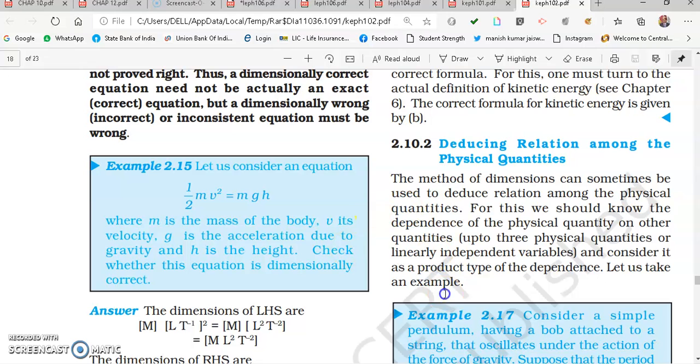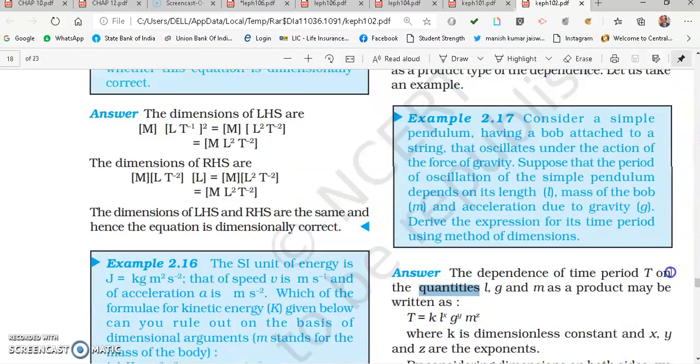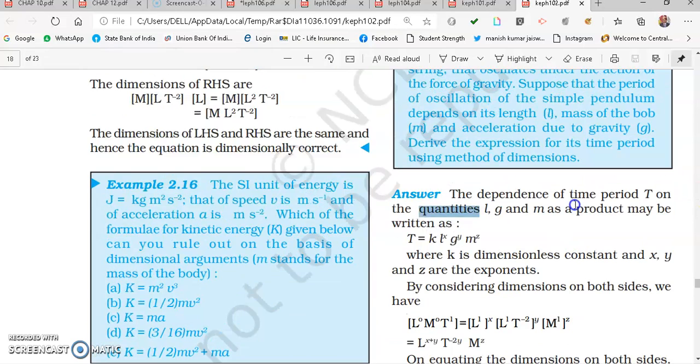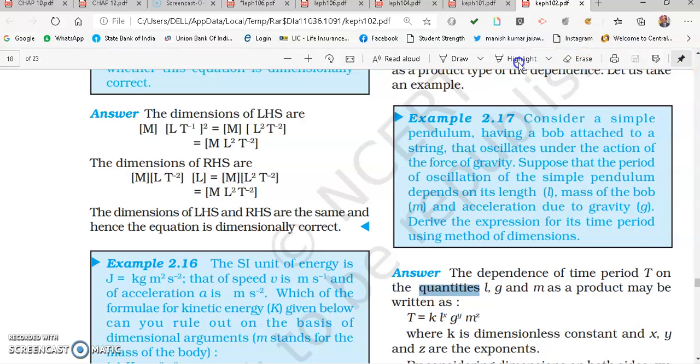Now you have the next problem. The SI unit of energy is shown. We have to find which formula is correct. So dear students, I would suggest you to do this problem on your own. I would like to solve one more problem, example 2.17.